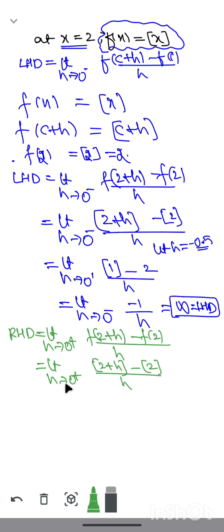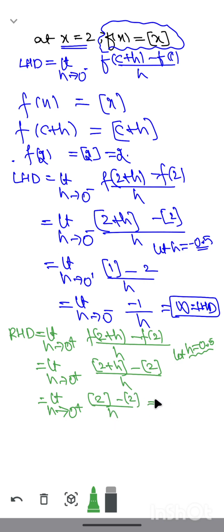Since we are looking for the value of h greater than 0, assume h as 0.5. It may be 0.1, 0.2, 0.3; in between 0 to 1 you can take any value. As of now I am taking 0.5. 2 plus 0.5 is 2.5, and the greatest integer value of 2.5 is 2 only, and the greatest integer value of 2 remains the same, whole divided by h.